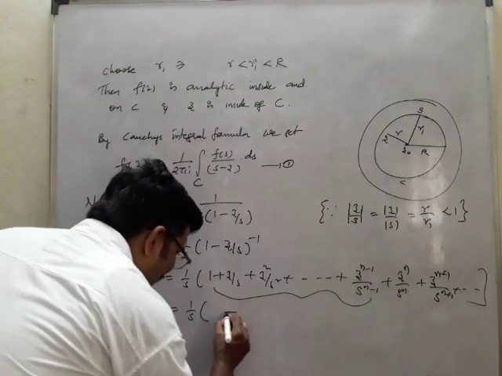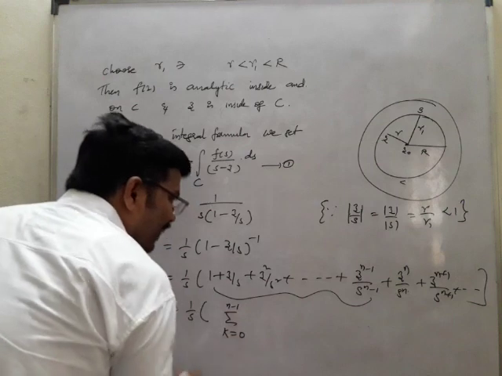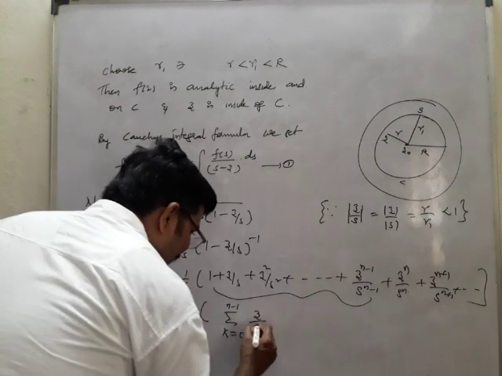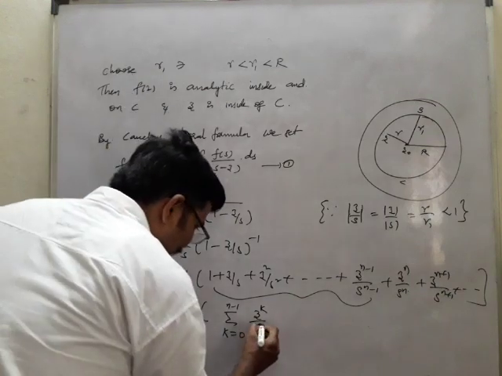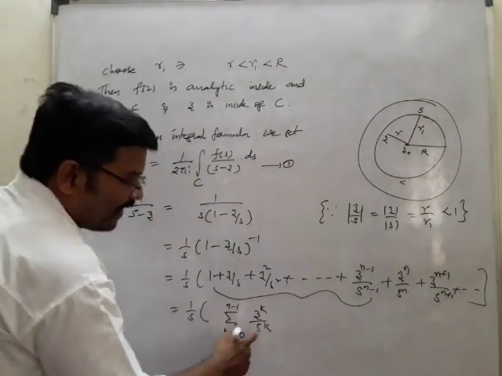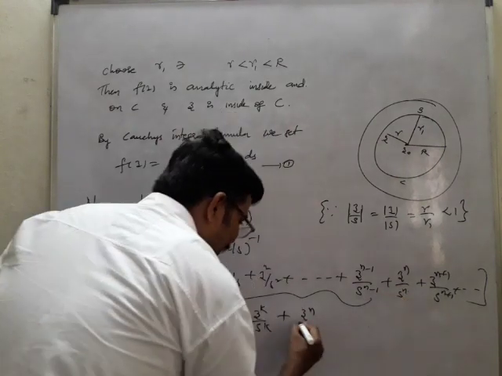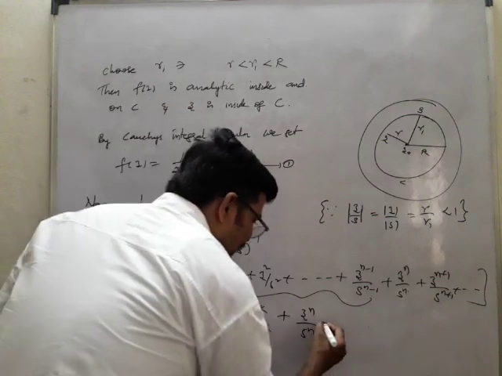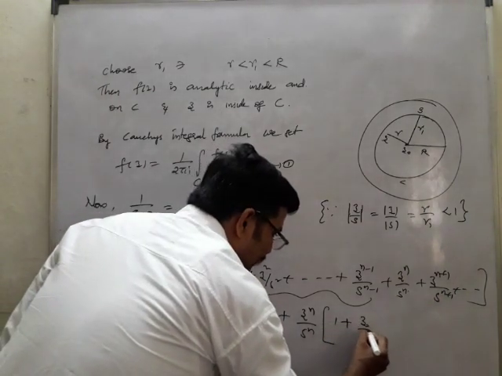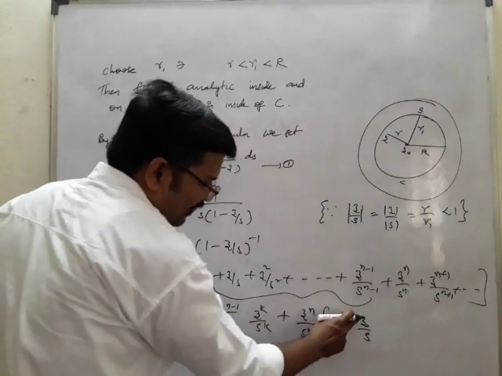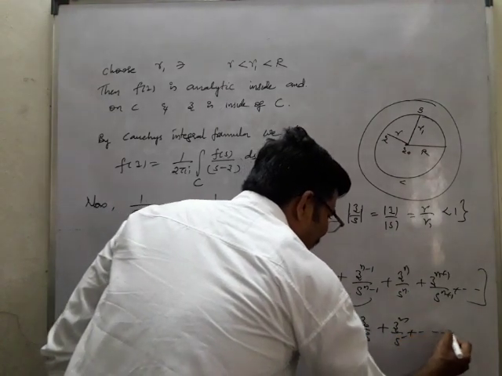From here to here, I'll take a partial sum. So I may take summation k equal to 0 to n minus 1 of z power k by s power k, plus z power n by s power n, and this one I'll take common. Taking z power n by s power n common, you will be getting 1 plus z by s plus z square by s square plus and so on.